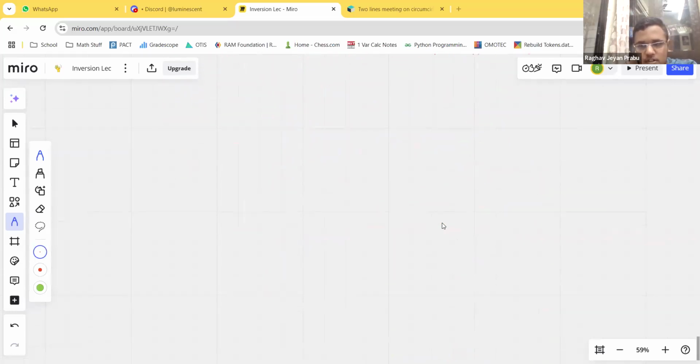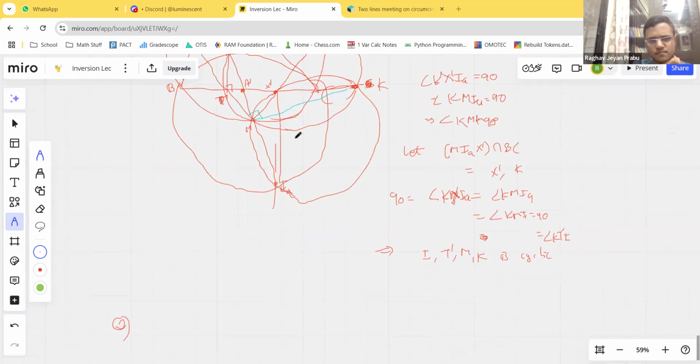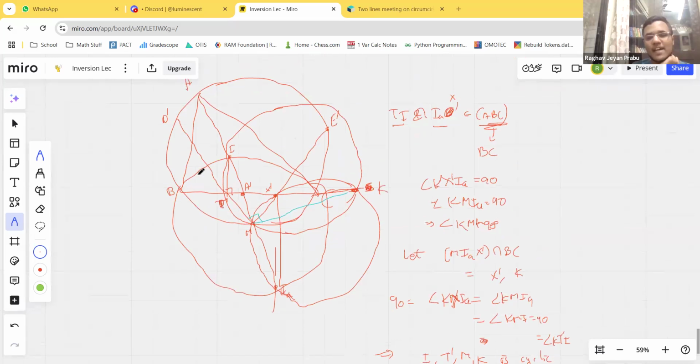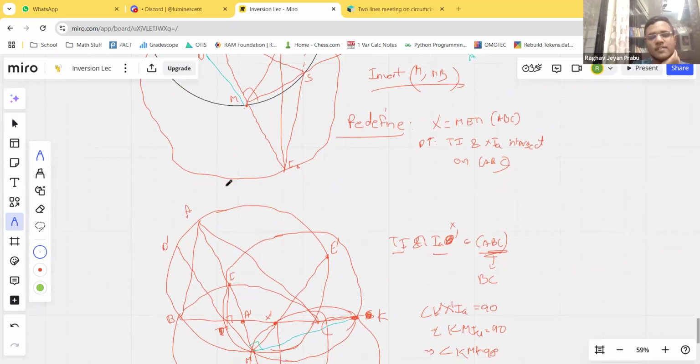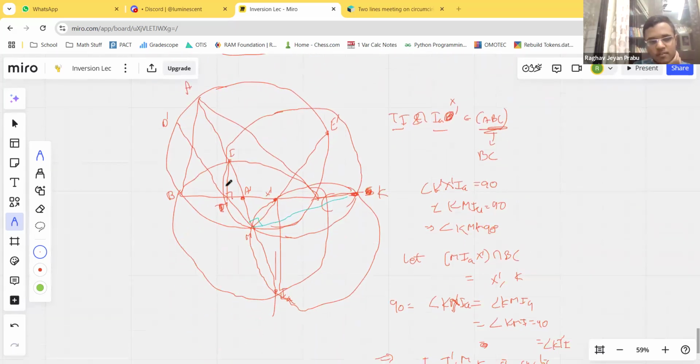Okay, so let's do another simple problem. Okay, there are messages. Nishant is asking about the idea from this. Also, you should remember this BIC inversion, as it occurs frequently in Olympiads. I used this problem essentially to introduce BIC inversion to you.